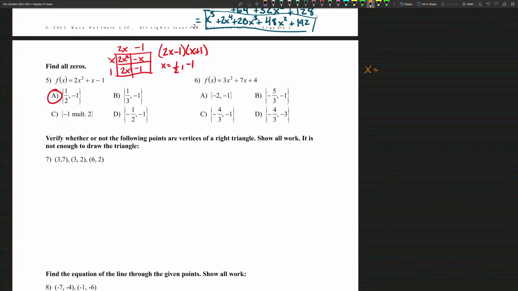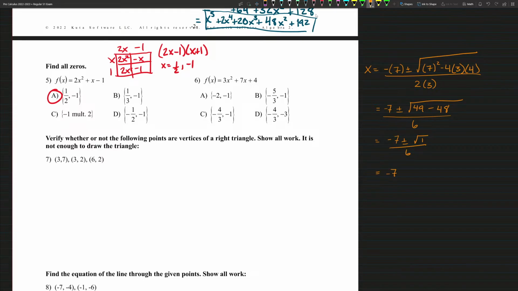So x is -b plus or minus the square root of b squared minus 4 times a times c, all over 2a. -7 plus 1 is -6 over 6, so we get -1.